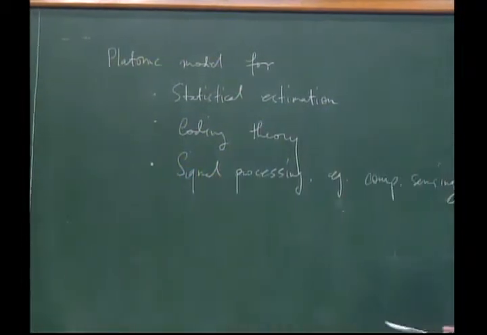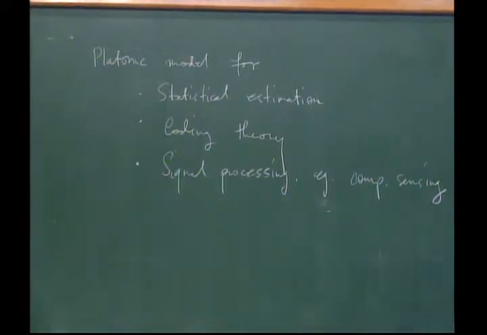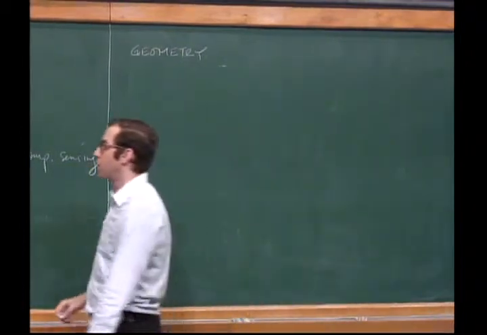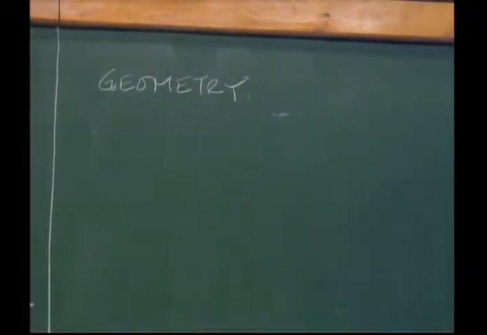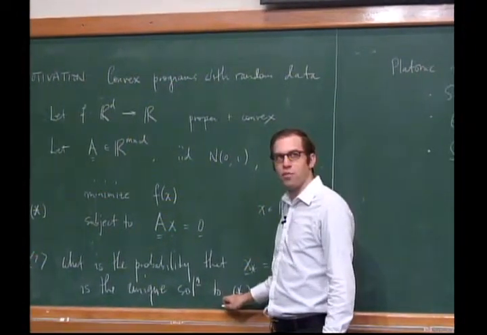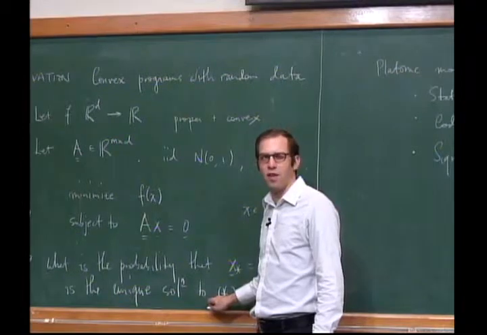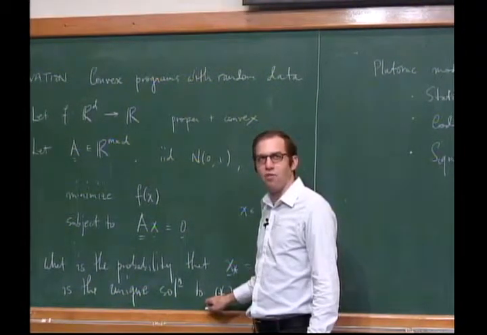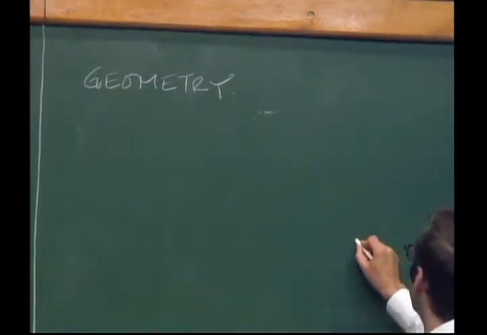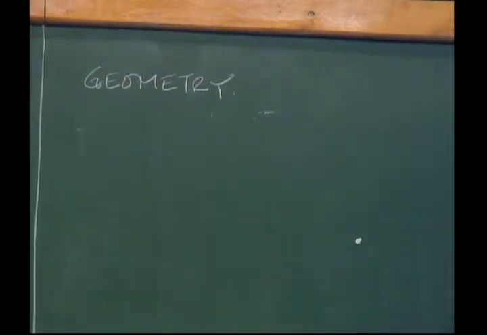Okay. Now, what's the geometry of this problem? This is really a talk about geometry, and what we're going to do is have a very close look at the optimality conditions for this problem, understand what they mean geometrically, derive an exact formula for this probability, or more precisely, we're going to copy it out of the literature, and then we're going to try and understand that formula. So, here's what's happening. Here is the point 0 in R^d.